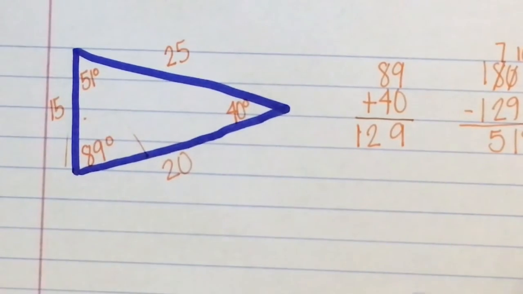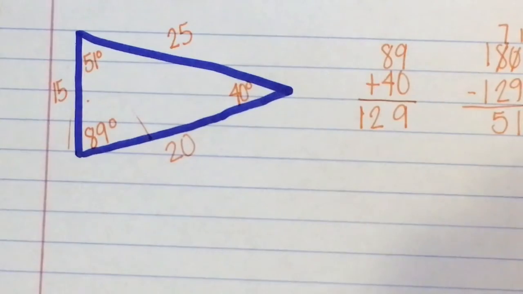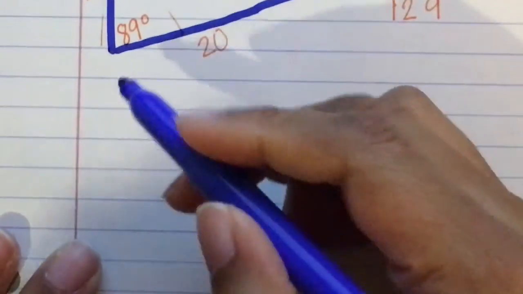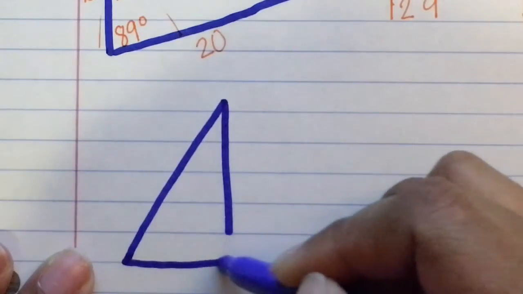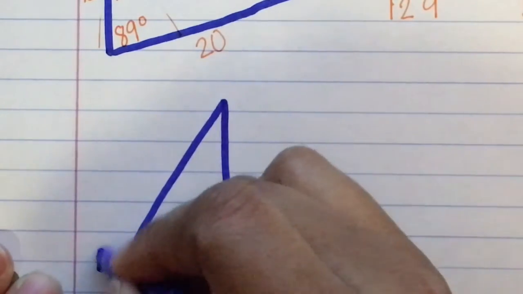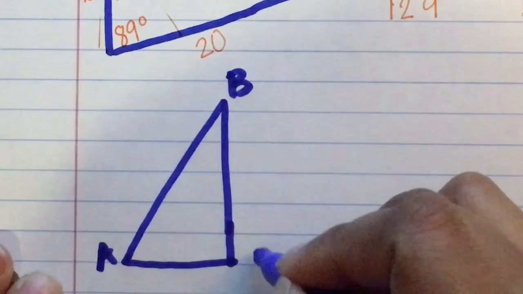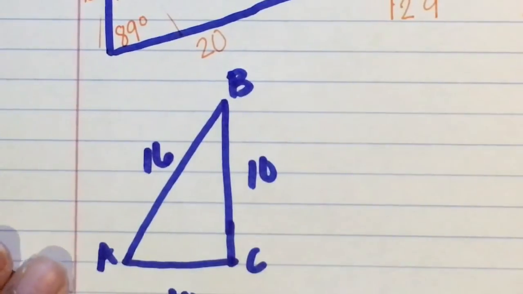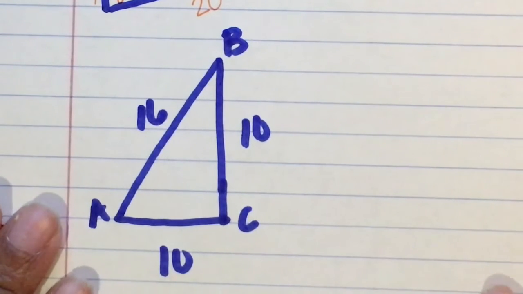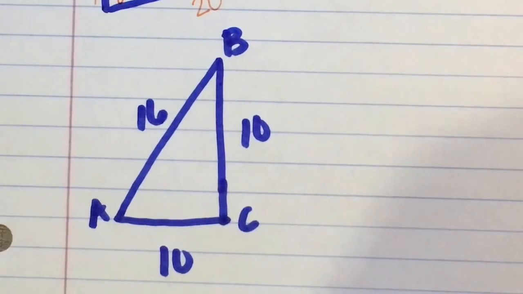All right. Number 2, you're given a picture of a triangle that looks kind of like this. And you have A, B, and C. This is 10, 10, and 16. So you have two sides that are the same, so it's an isosceles triangle.